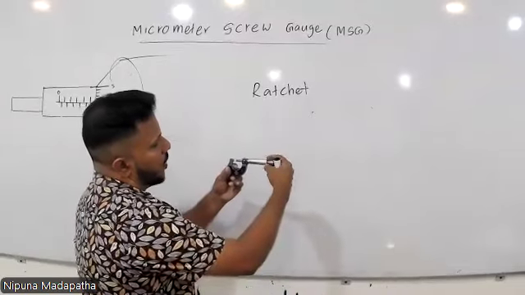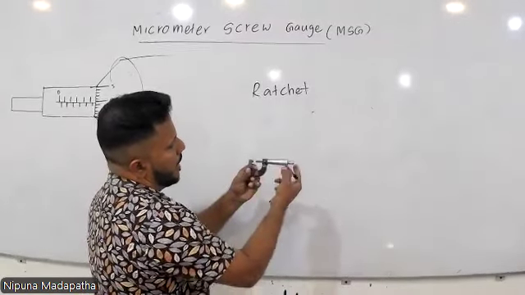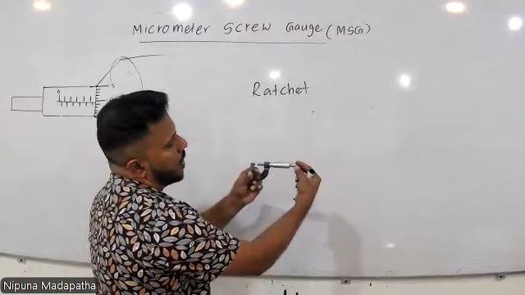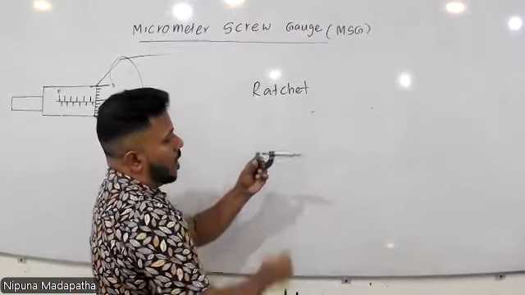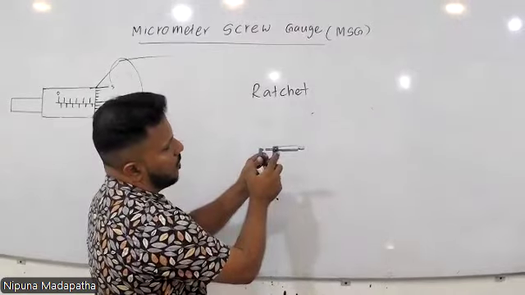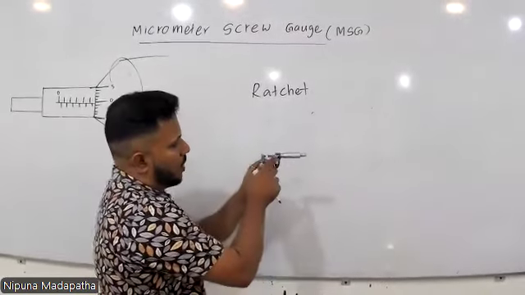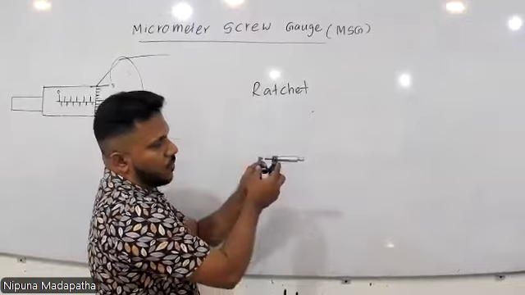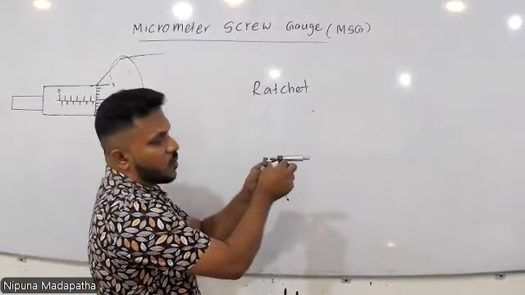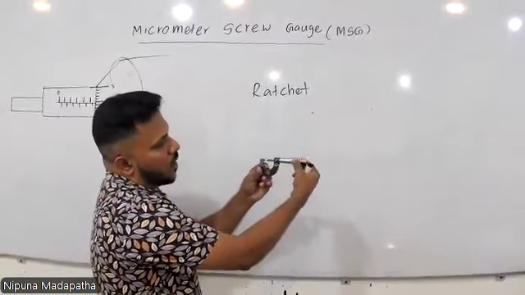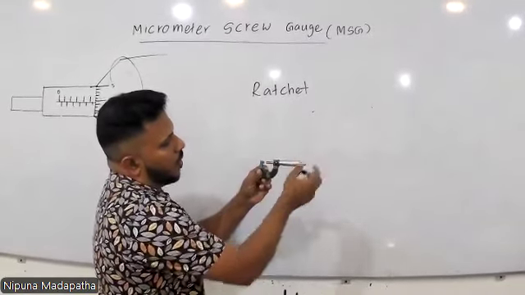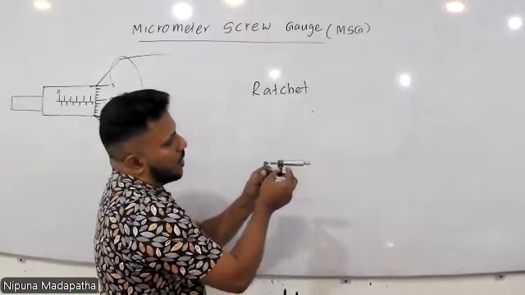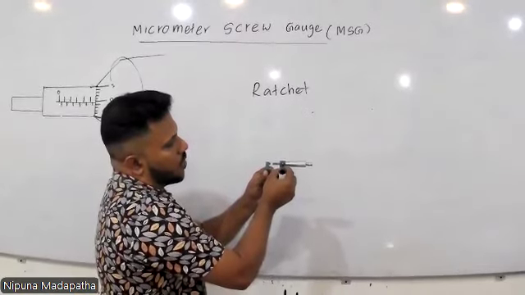So you can rotate this spindle by using the thimble or the thimble head. Another thing here, what is this part? This is a lock screw. Now you can move the spindle freely because we have not locked the instrument.